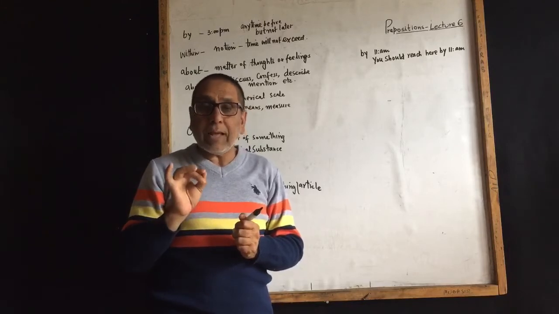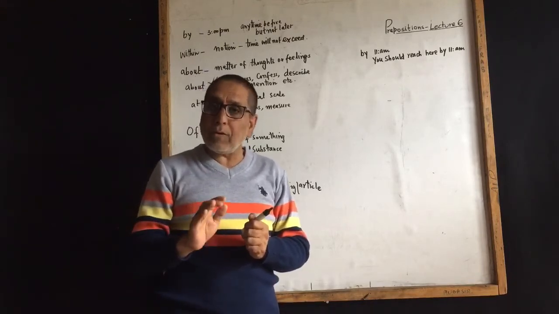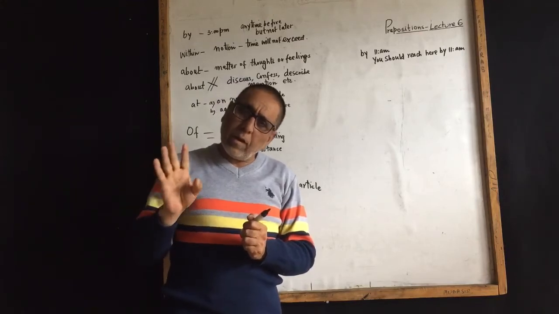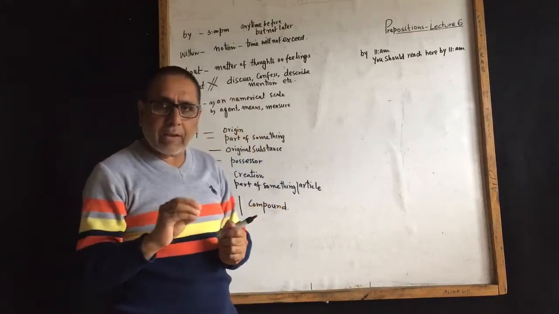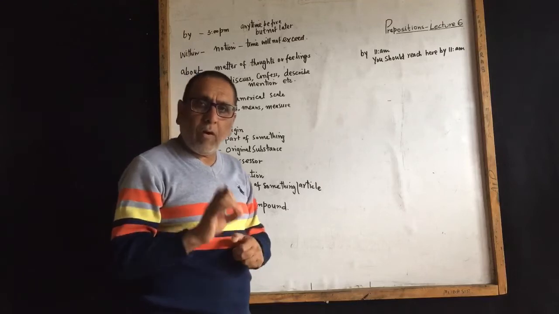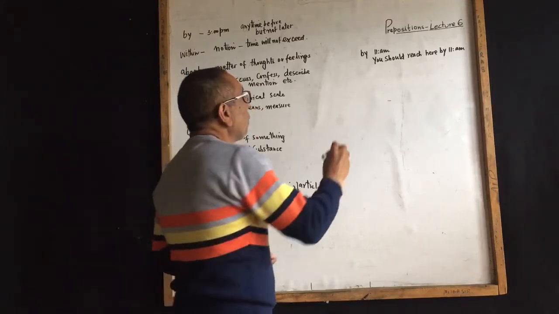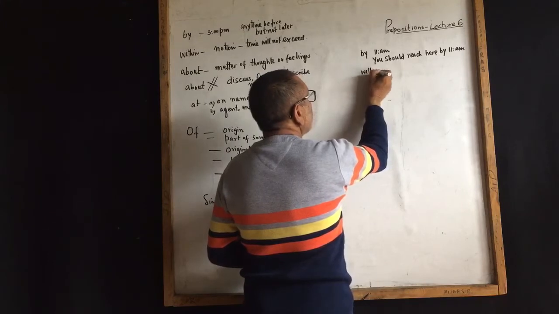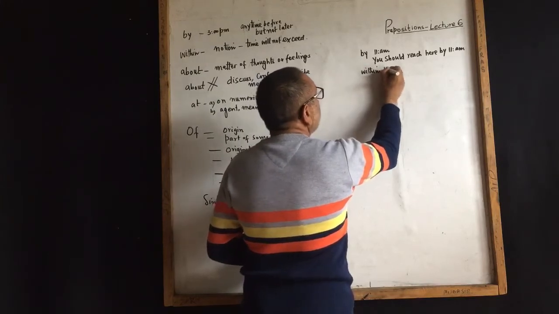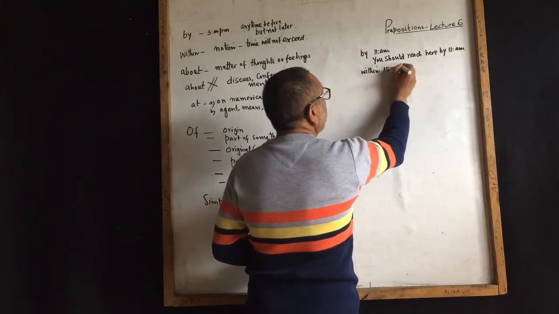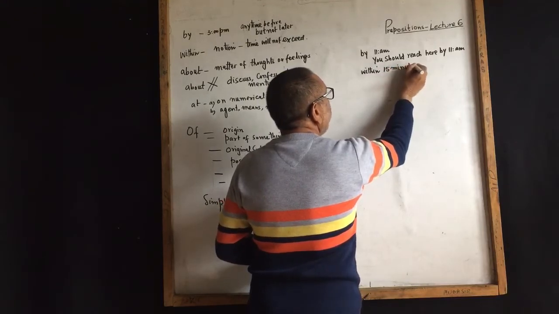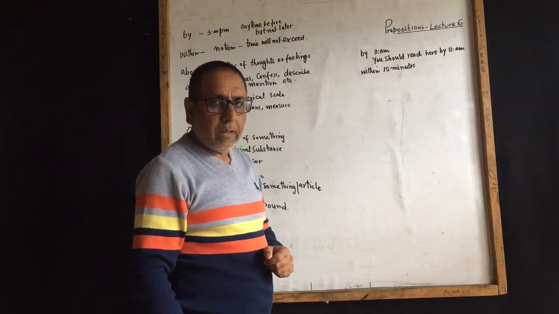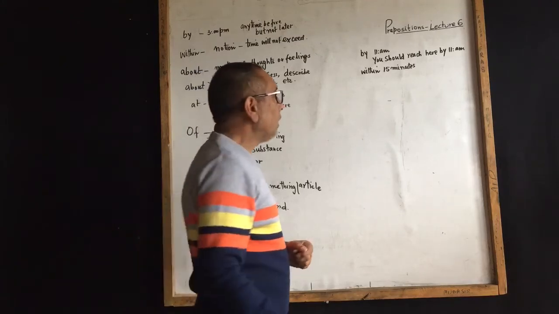I will be within 10 minutes means it will not exceed 10 minutes. For example, within 15 minutes, within half an hour, within an hour, within 20 minutes, like that.